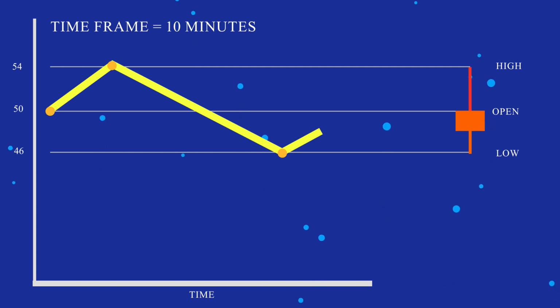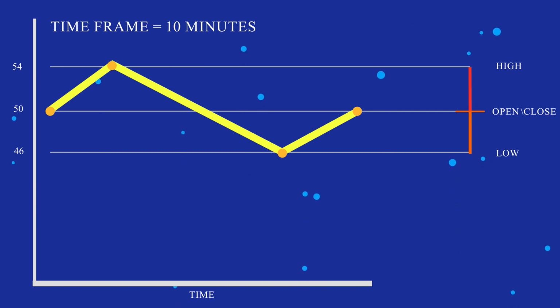And as the 10-minute time frame ends, we see the candle close at Rs 50, right where it started. And the result is this, a candlestick with practically no body and long wicks above and below the candle, representing the highs and the lows. And that, my friends, is how a candlestick is formed the way it is.